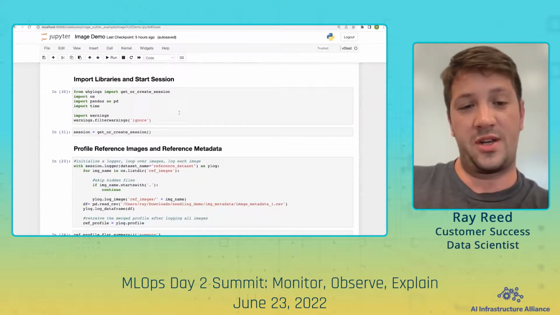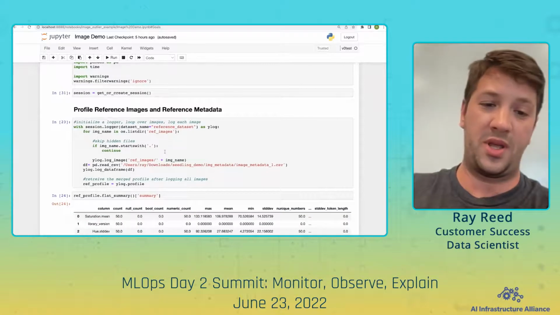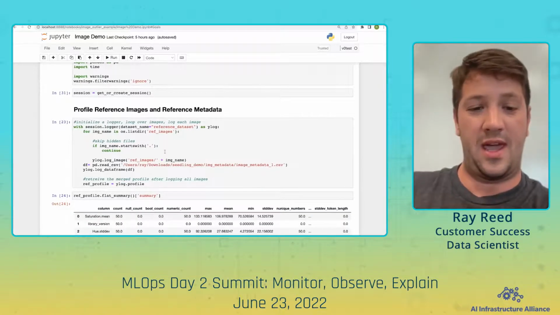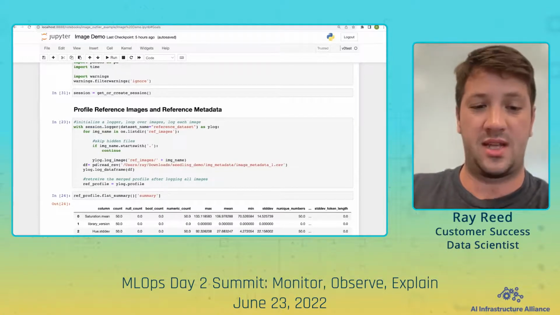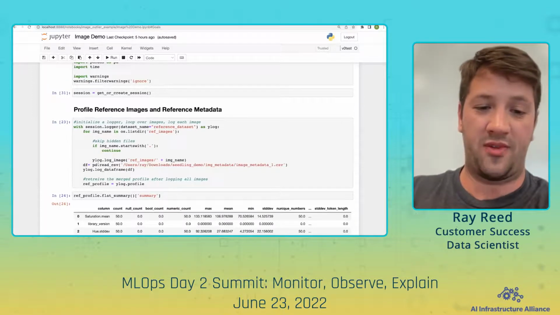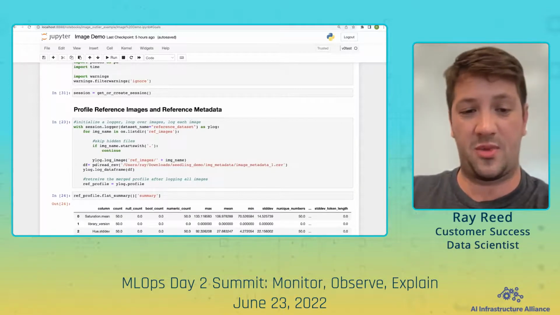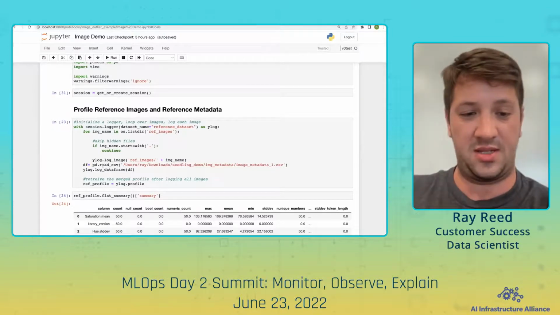So the first thing I do here is I'm going to start a session, and I'm looping over each of my images and profiling each image. And I also have a supplemental data set containing some metadata about the environment and about the camera itself, which could be important for this case.